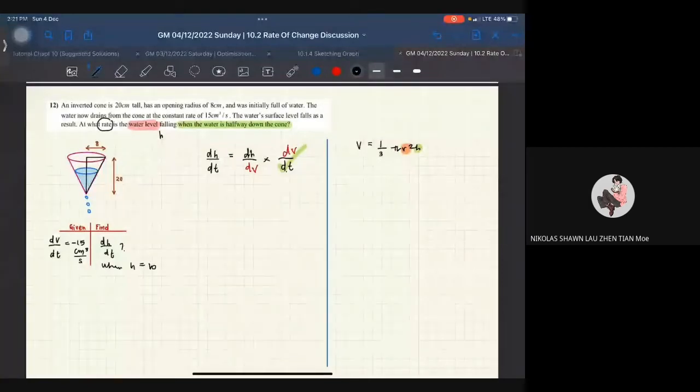Okay, so saya lukis dekat sini, my triangle. Right, and then the one yang dekat sini is the radius, original radius, it's 8. Okay, and then the one yang dekat sini adalah height. Okay, so the original height adalah 20.